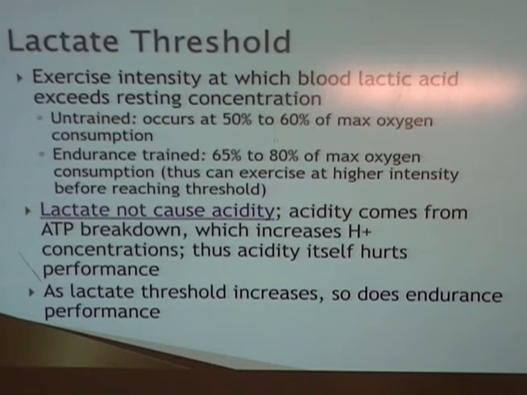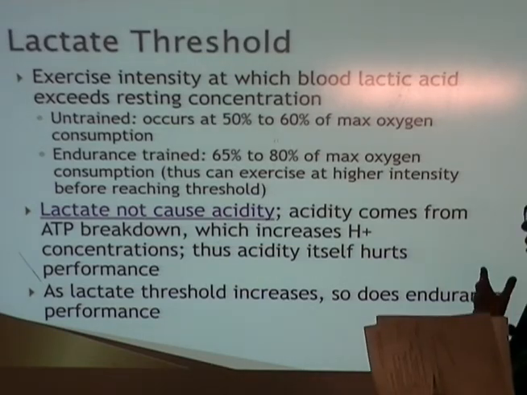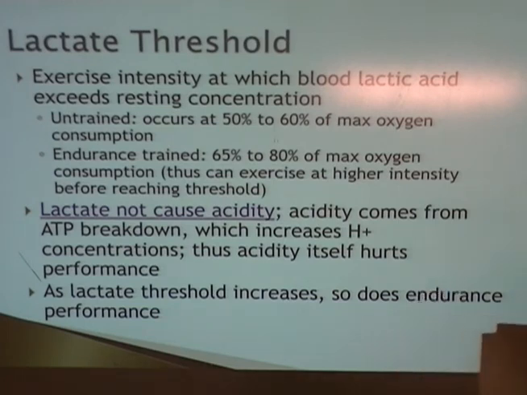For someone who is trained as an endurance athlete, so a cyclist, a runner, long distance swimmer, their lactate threshold is much higher, right? It can go up to 80%, maybe even more than that, of their VO2 max. And that means that that person can train at much higher intensities before they reach the threshold. And you'll see why that's important in a second.